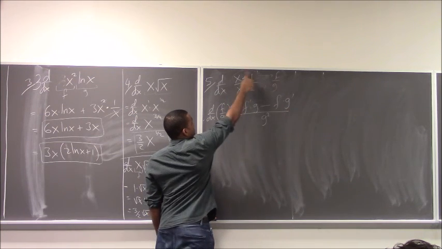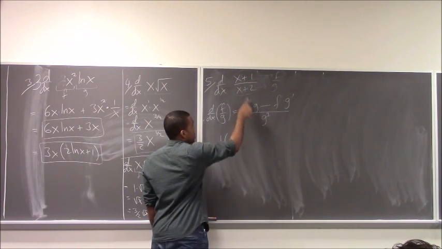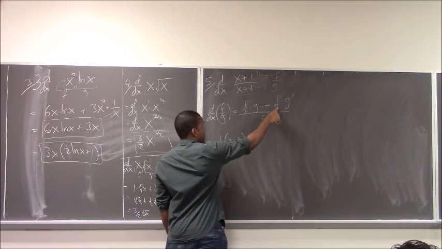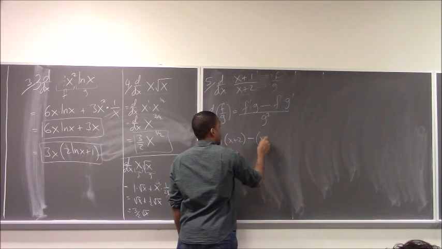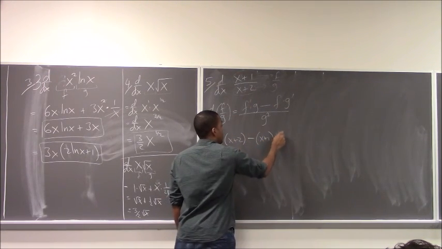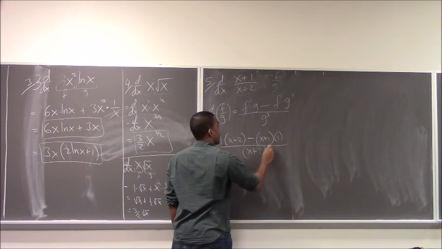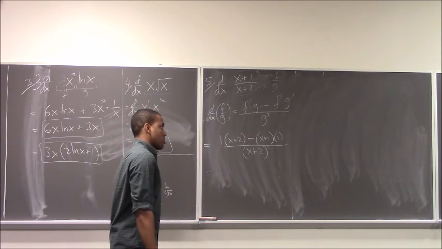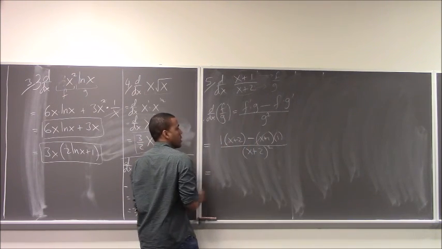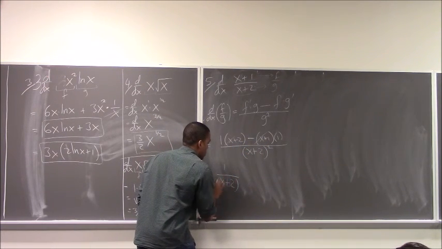So the derivative of f is what? 1 times the g, which is x plus 2, minus f, which is x plus 1, times the derivative of the g, which is also 1, over the g squared. Now you can simplify this one a little bit. This is x minus x, and you have 2 minus 1, so you end up with 1 over x plus 2 squared.